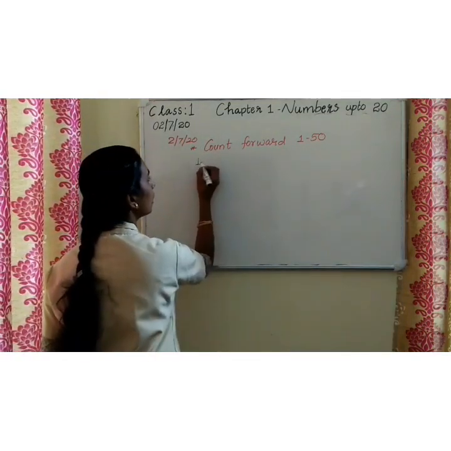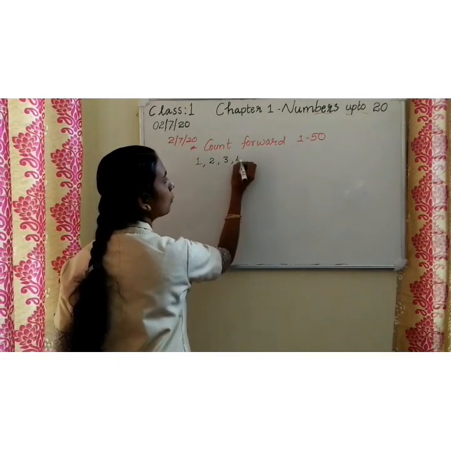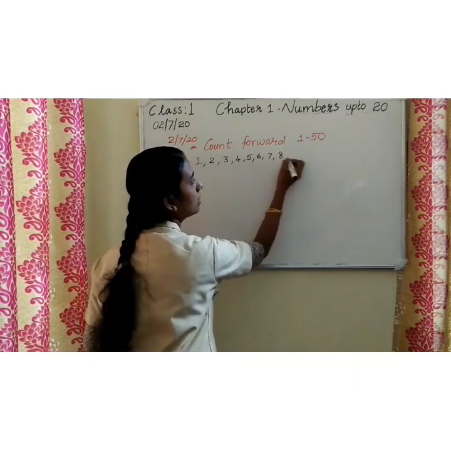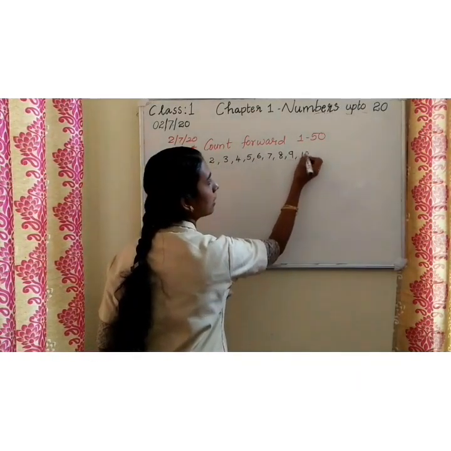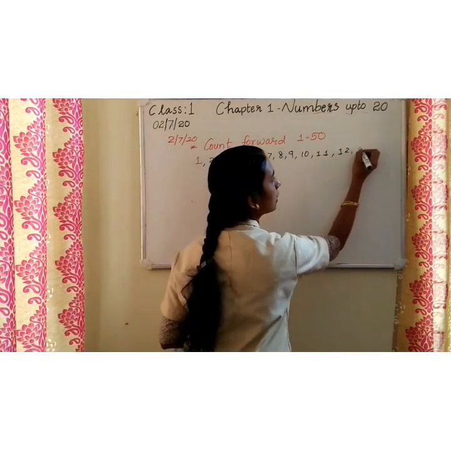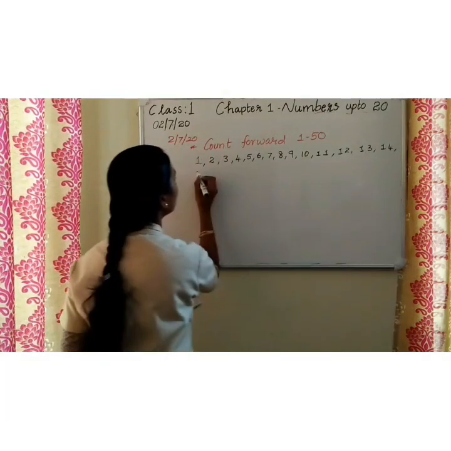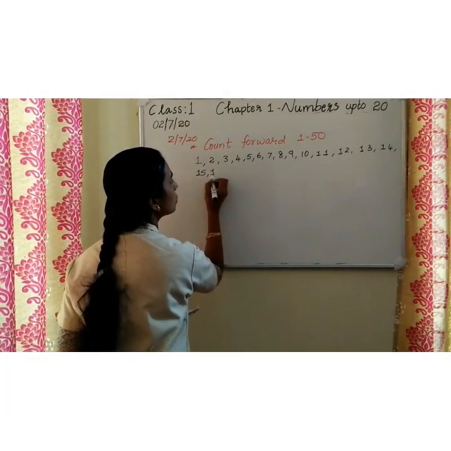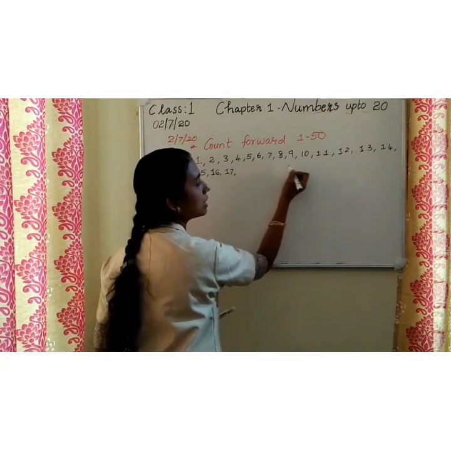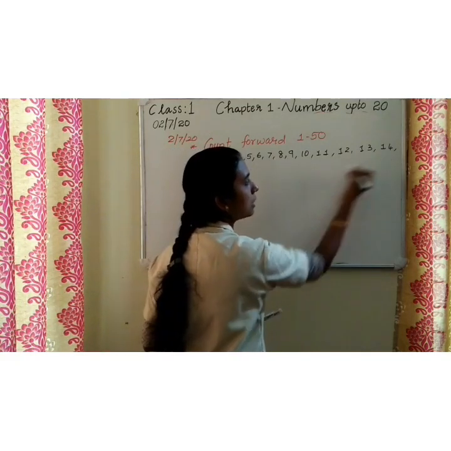Okay. 1, 2, 3, 4, 5, 6, 7, 8, 9, 10, 11, 12, 13, 14, 15, 16, 17, 18, 19, 20, 21, 22, 23, 24, 25, 26, 27, 28.